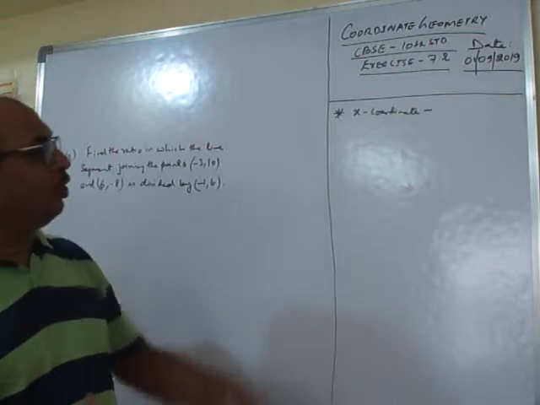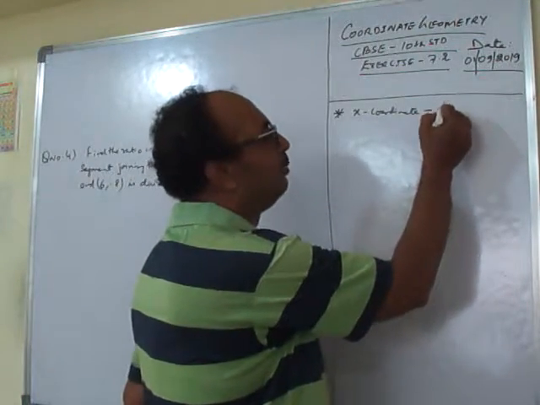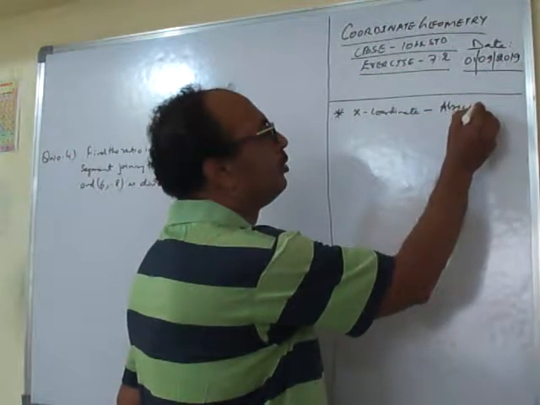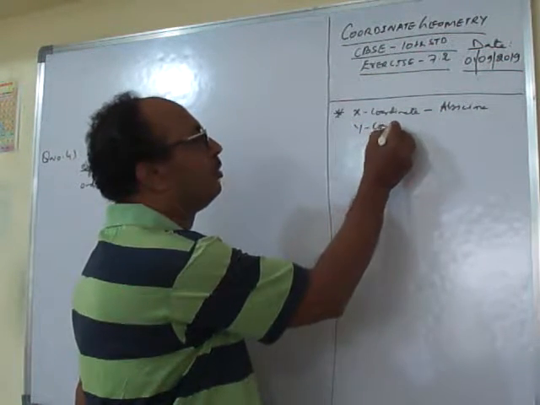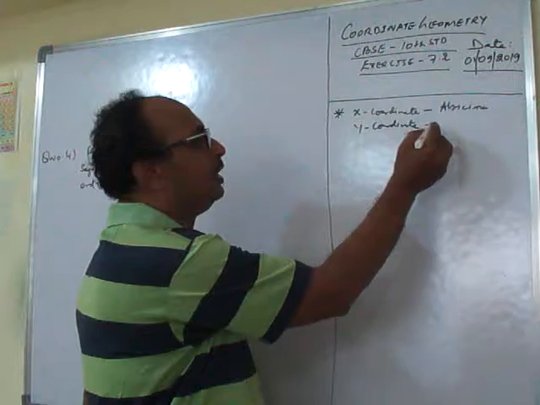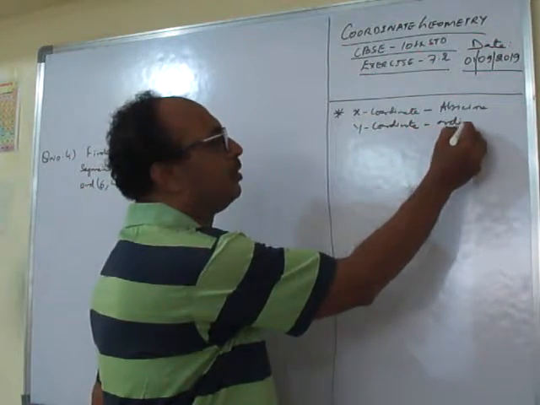The x coordinate is called abscissa, and the y coordinate is called ordinate.